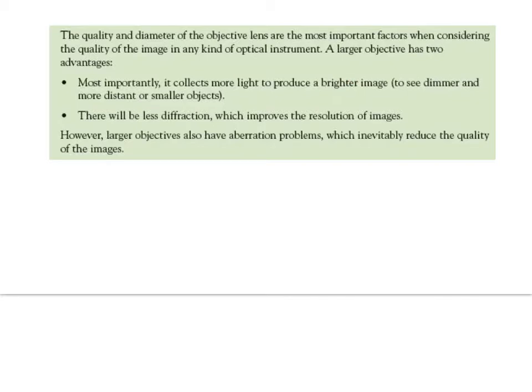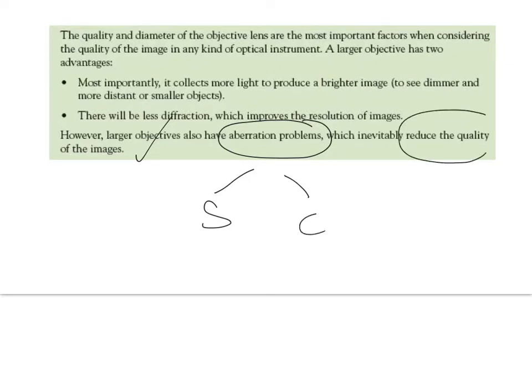The second one is to do with diffraction. Because it's larger, there'll be less diffraction, and because of that, you would have better resolution of images. However, and this is where you get the marks, larger objectives have aberration problems, both spherical and chromatic, and these reduce the quality of the image.